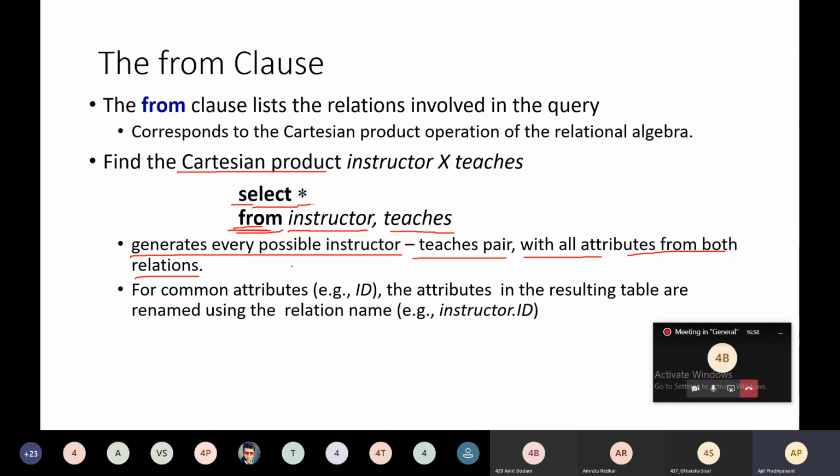For example, for the common attribute ID, the attribute in the resulting table is renamed using the relation name, instructor.id. If there is a common attribute in the instructor and teachers, it will be denoted like instructor.id.